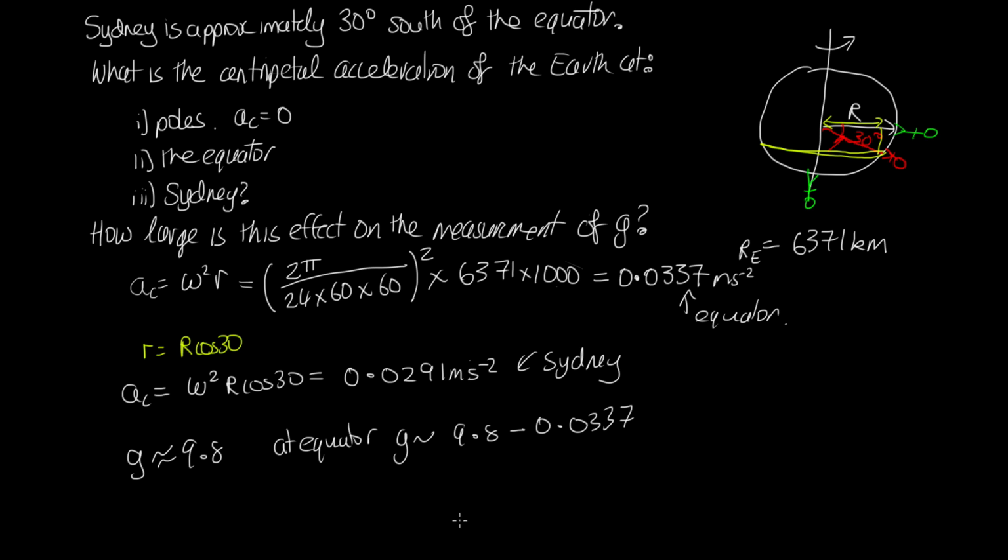A nice way to express this as a size is to work out how big this difference is as a percentage of g. So we take 0.0337, the difference at the equator, divided by g, and then times this by 100%. When we put this into the calculator, we get around about 0.34%, which isn't enormous, but it's not really that negligible either.